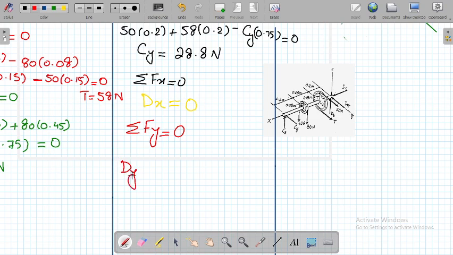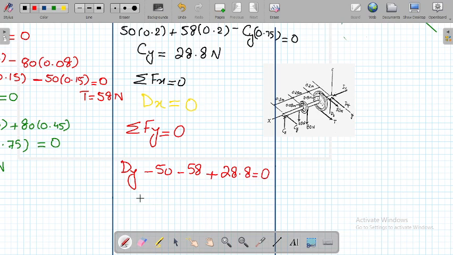The other forces that we have here are T and minus 50. T was 58 and this is 50 in the negative y-axis. And what about this Cy that you calculated? It is towards the positive y-axis, and it was calculated as plus 28.8, equal to 0.